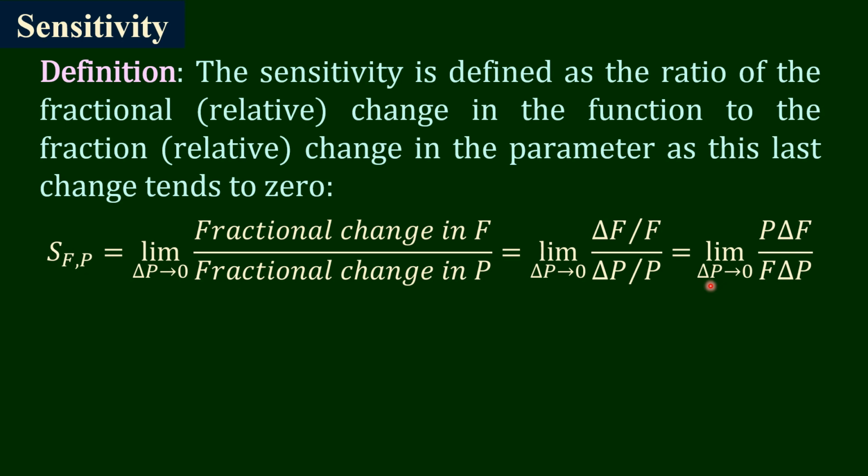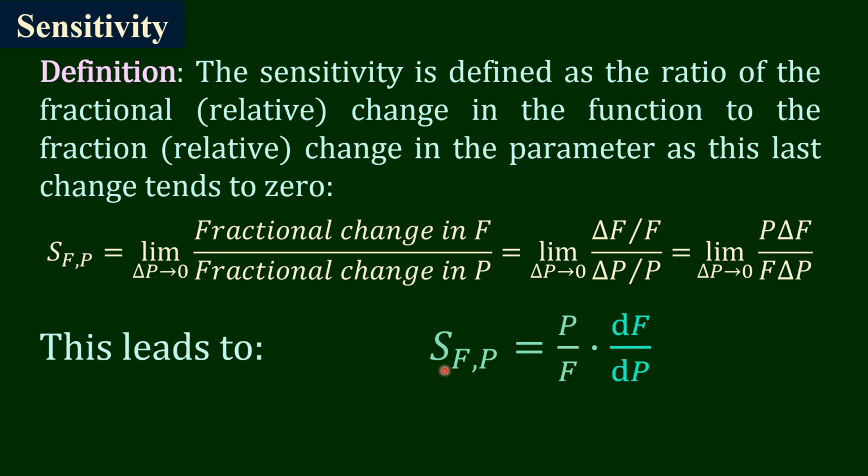And of course, as delta p tends to 0, delta f upon delta p becomes the derivative of f with respect to p. So the sensitivity will be p upon f multiplied by df upon dp. Whenever we want to find the sensitivity of any function, this is the relationship we will be using.